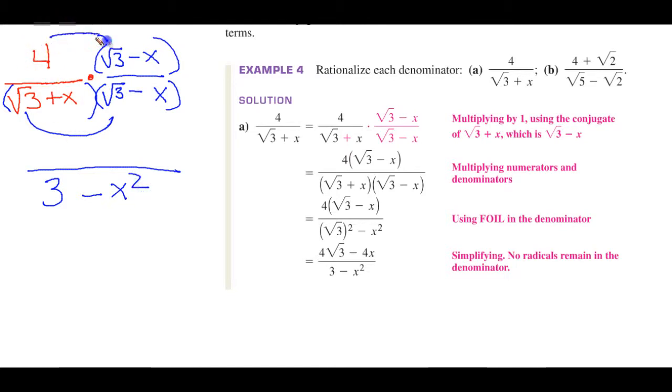And then my numerator, we just distribute 4, the square root of 3, minus 4x. And that's what they have. Now notice here your denominator was irrational. Here your denominator is rational. You have rationalized the denominator.